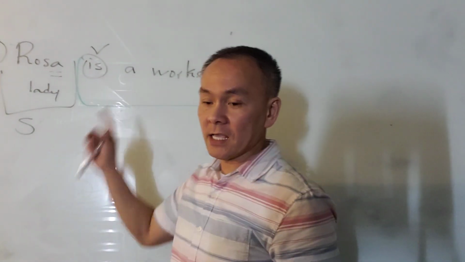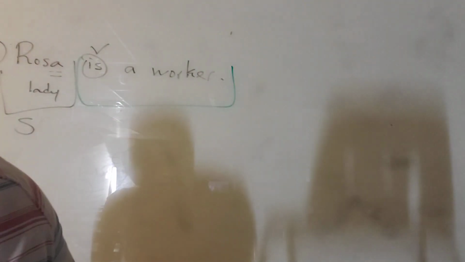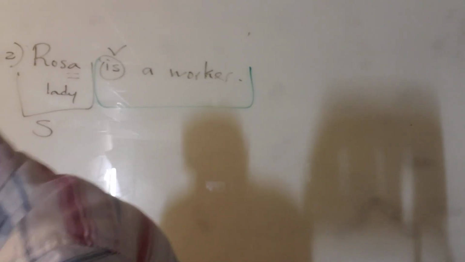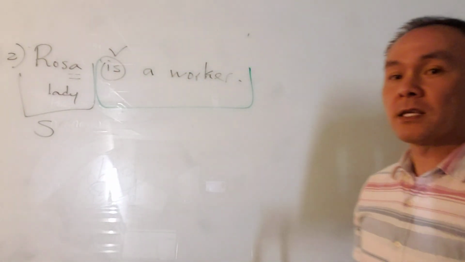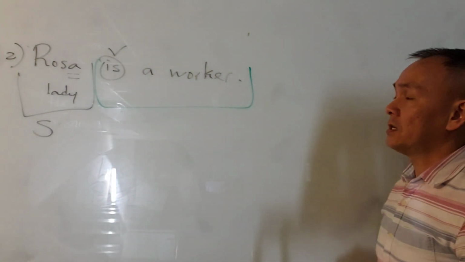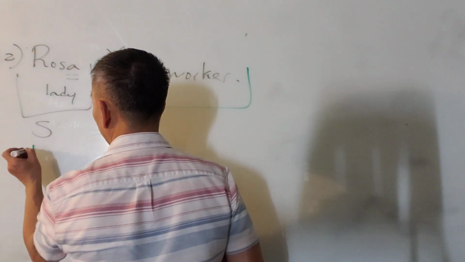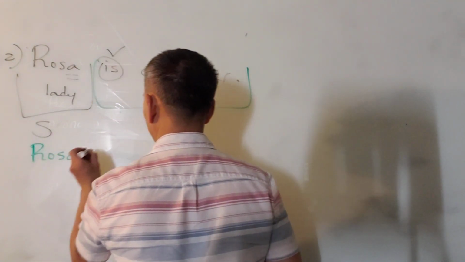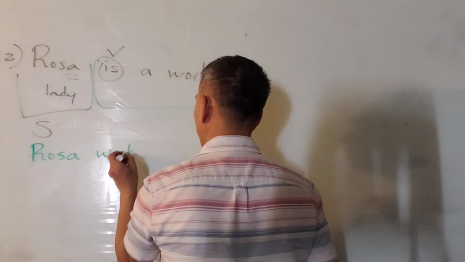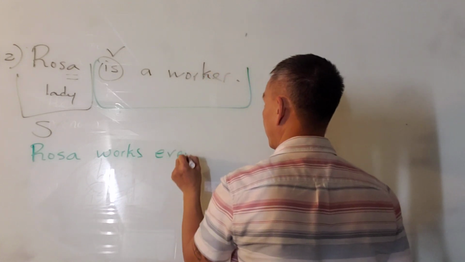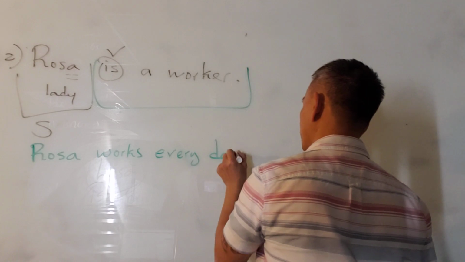So a sentence has to have two parts, the subject and the predicate, okay? So because Rosa is a worker, see?